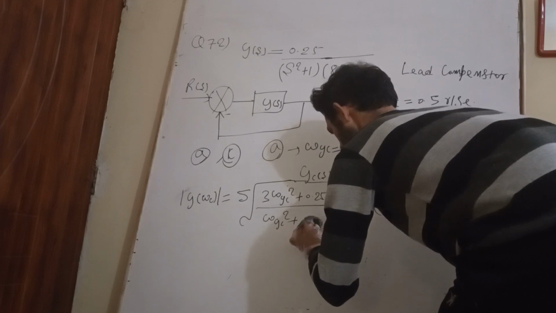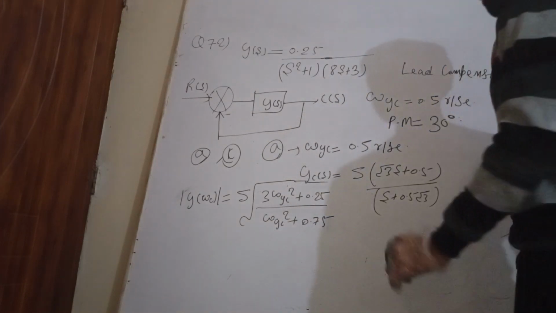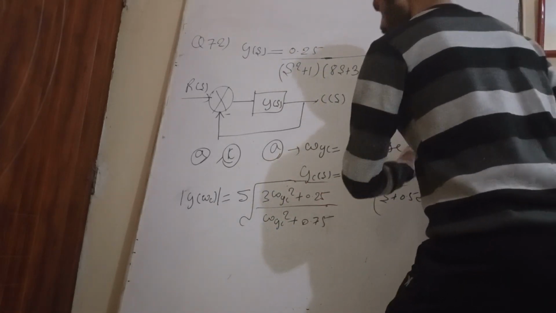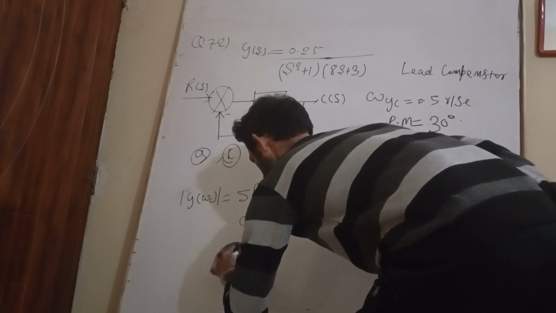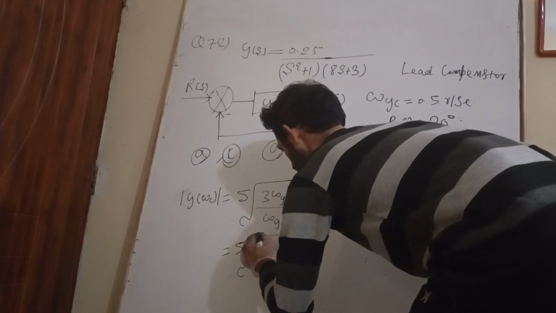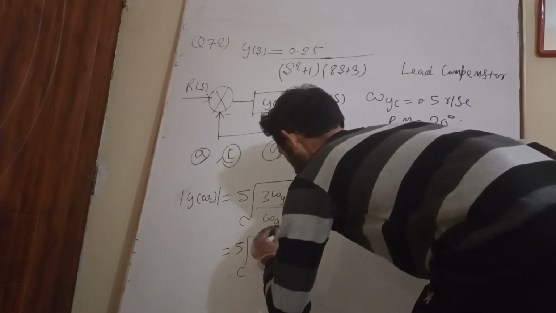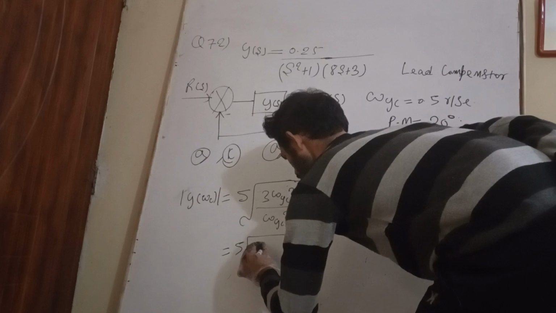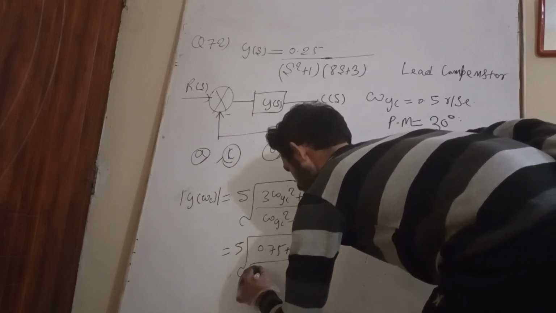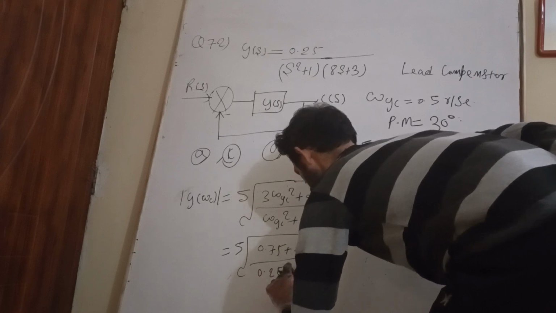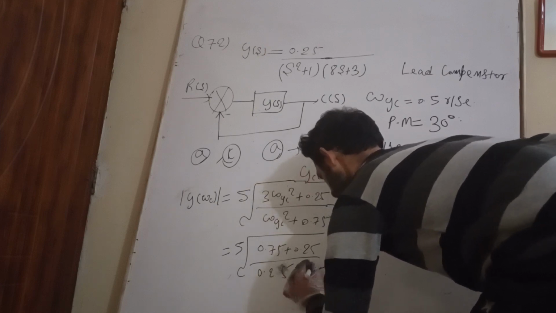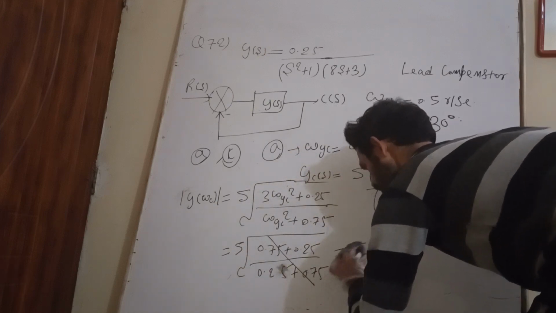That is 0.75. Now if we put omega gc equal to 0.5, what do we get? It is 5 times the square root of (0.75 plus 0.25), divided by (0.25 plus 0.75), which is nothing but 5.